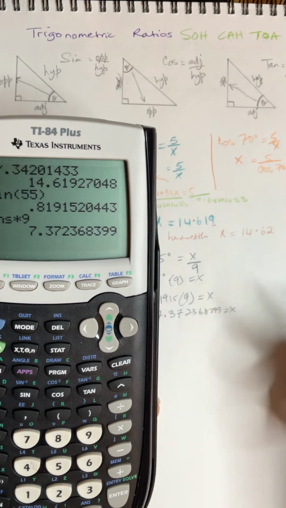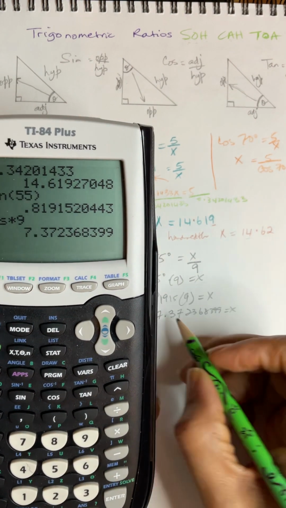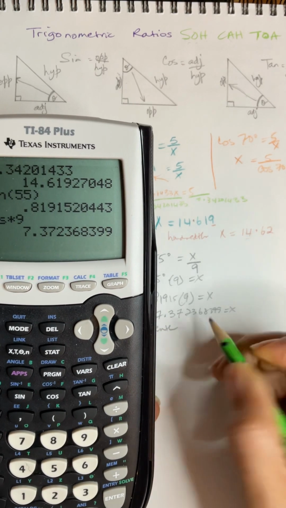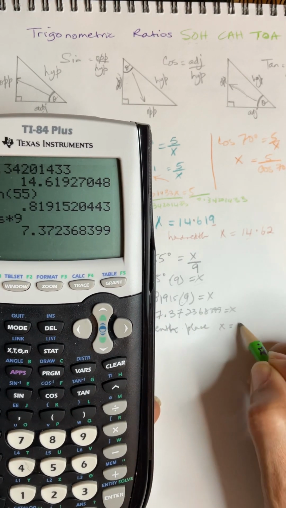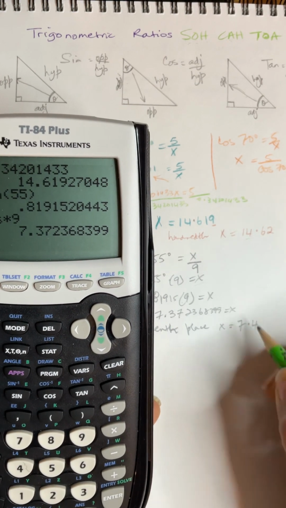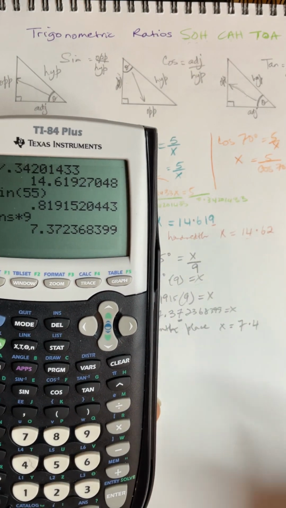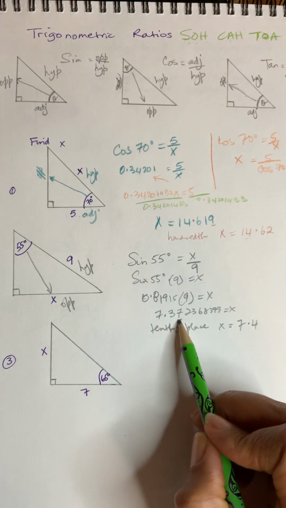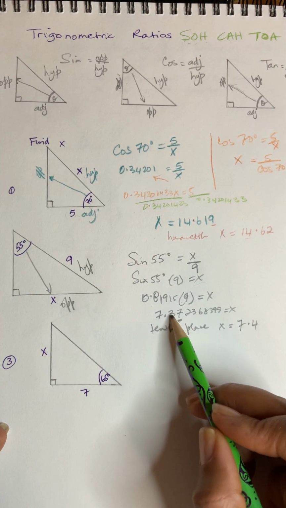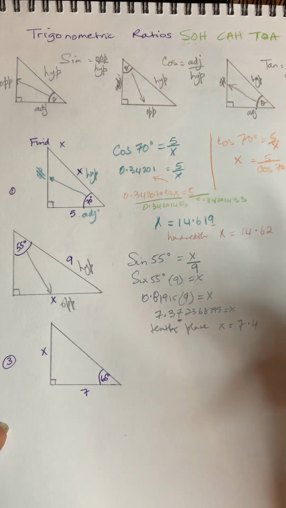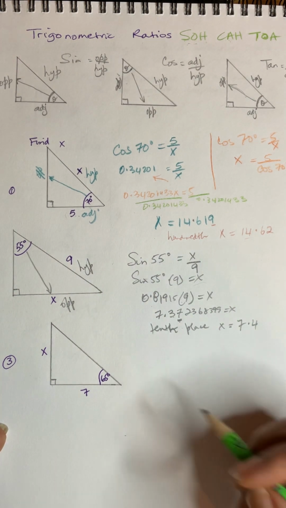And if they ask you for the answer in the 10th place, you simply write x equals 7.4, because the 7 here, beside it the 3 is not greater than 5, so then you just round up your number that's in front of it, the preceding number.